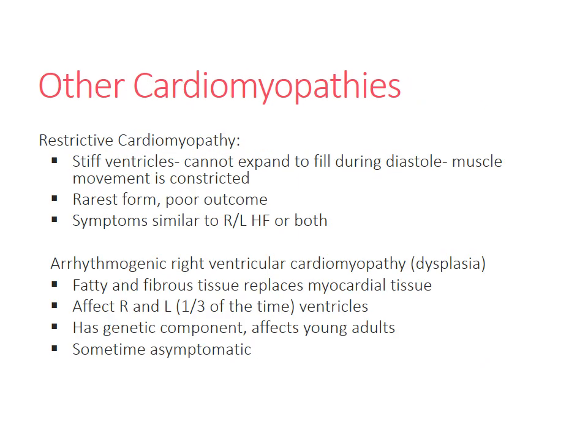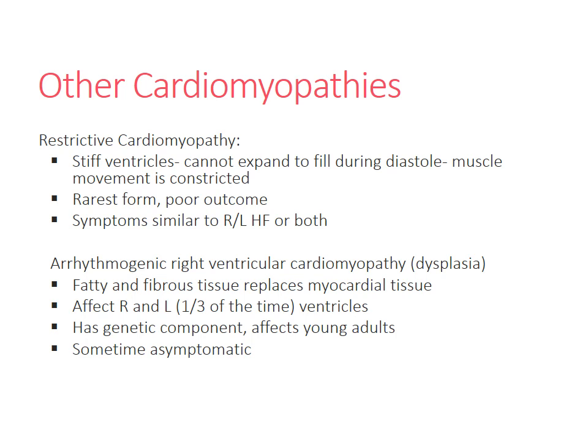We've got a couple other types of cardiomyopathies. These are even less common than the other two. There's restrictive, where there are stiff ventricles. They can't expand, so it restricts the muscle movement. There's a pretty poor outcome, as you can imagine. The symptoms that we see are very similar to right and left-sided heart failure, or both.